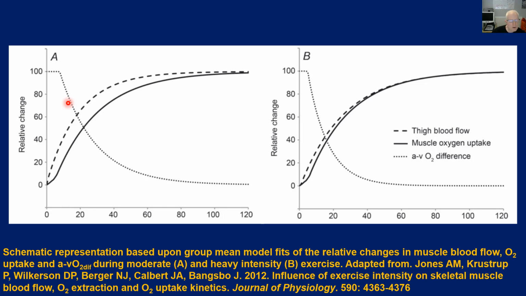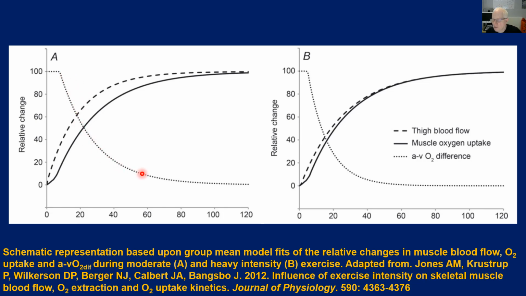And that's simply because you're not delivering oxygen centrally instantaneously. Remember that you have to increase the delivery through the cardiorespiratory system. That takes time, and we've already seen that it takes maybe 2 to 4 minutes to reach a steady state. But as the oxygen becomes available more readily, that is, it's delivered more readily, the amount that we have to extract at the tissue, the AVO2 difference declines.